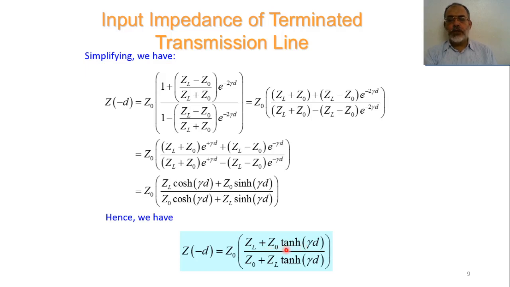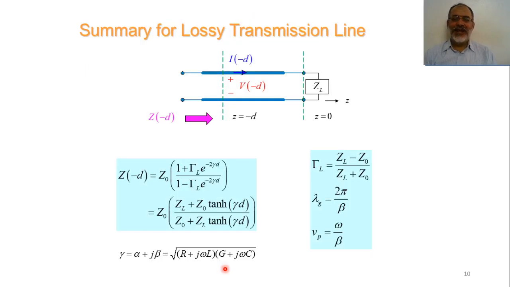This is the numerator. The denominator is effectively the reverse of the numerator. So the denominator, instead of Z load, would be Z naught, and instead of Z naught would be Z load times tan gamma d. And effectively, this is a very important equation in microwave engineering, so you should memorize it.